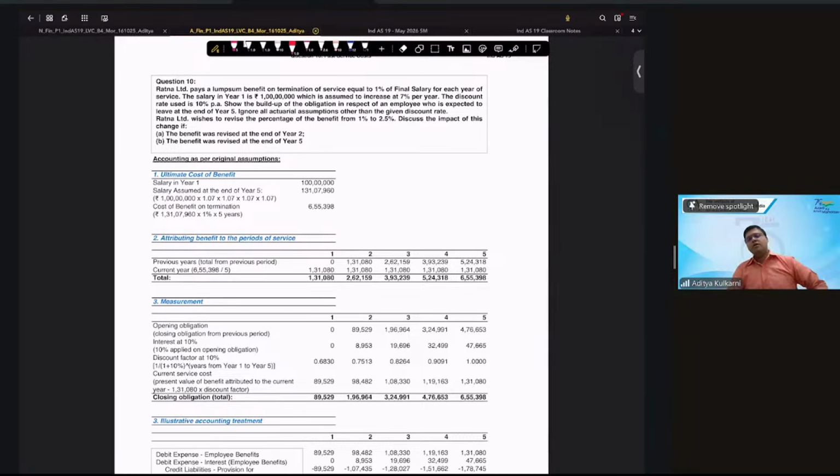So the employer is actually liable to make the payment to the employee for whatever amount is committed under the plan formula. Typically this could involve payments that stretch beyond the conventional tenure of 1 or 2 years.